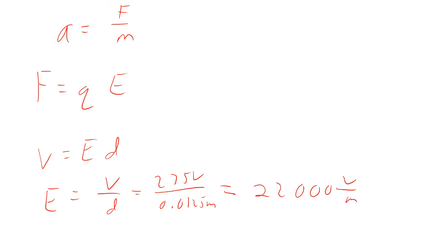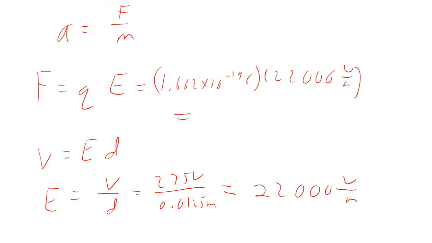So that means this is going to be 1.602 times 10 to the minus 19 coulombs times 2200 volts per meter. And so that gives me the force, and the force turns out to be 3.52 times 10 to the minus 15 newtons.